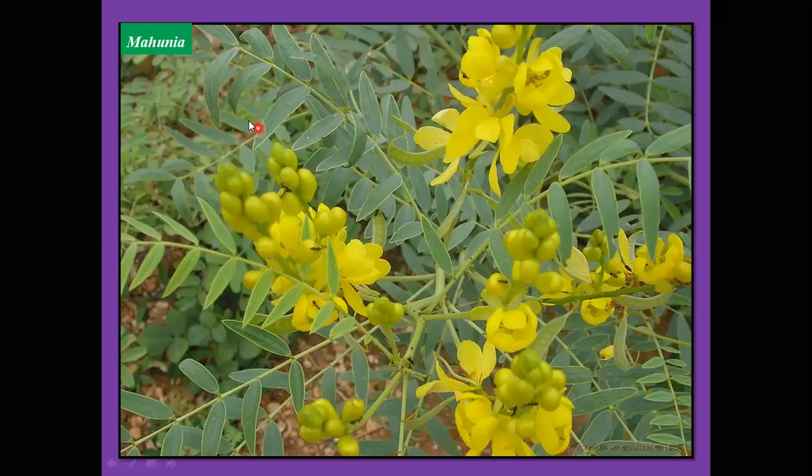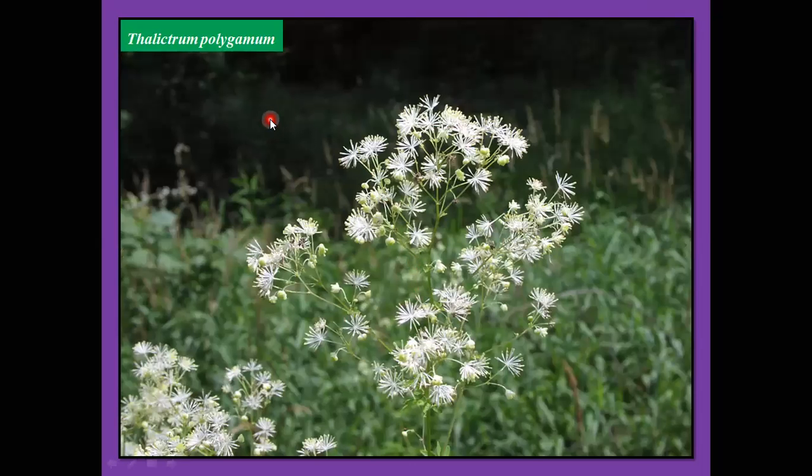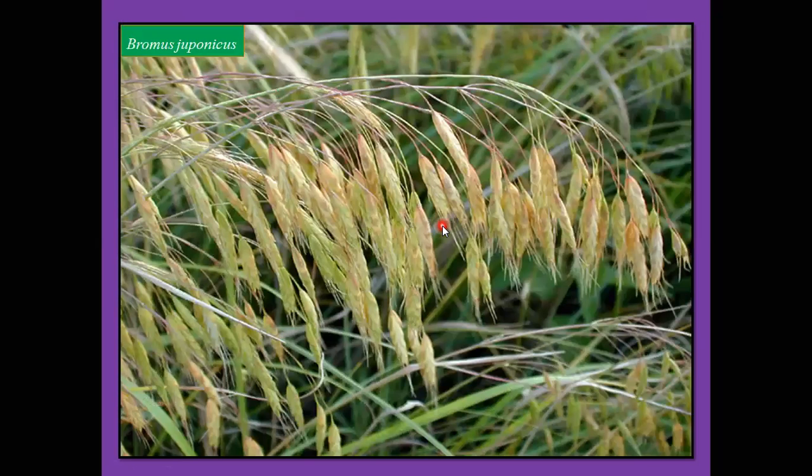Means these barberry plants and Mahonia plants act as alternate hosts for black stem rust of wheat. This is the Thalictrum polygamum species, which acts as an alternate host for brown rust. And this is Bromus japonicus, plants or grass, which acts as an alternate host for yellow rust seen particularly in Uttar Pradesh state.